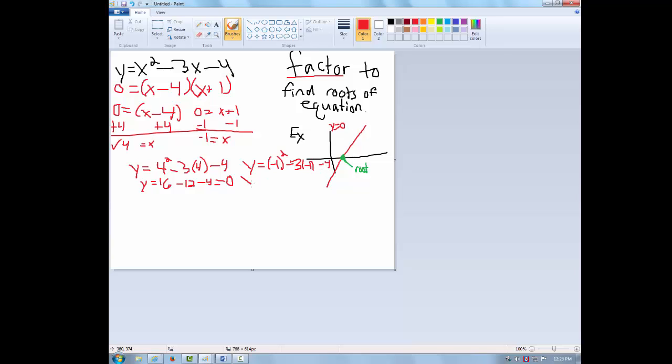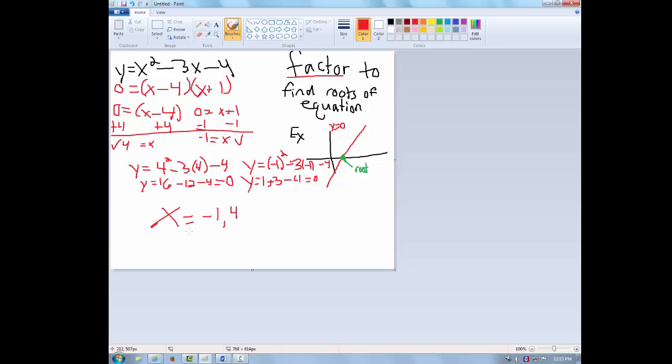Okay, so we get 1 plus 3 minus 4. Okay, sweet. It equals 0. So in this case, the x values of -1 and 4 are roots of this function.